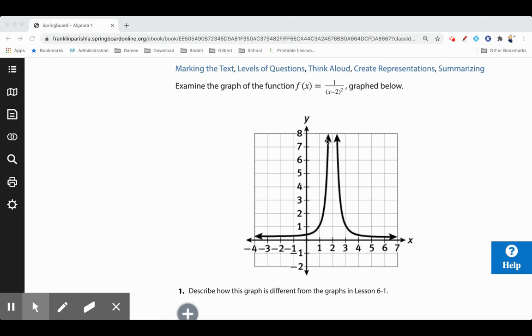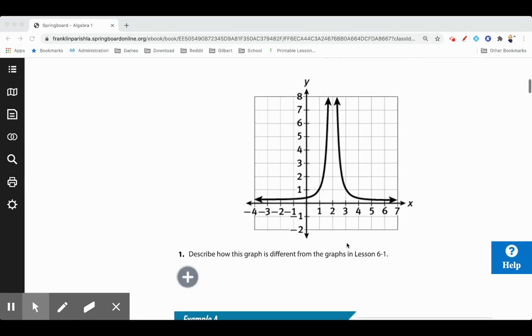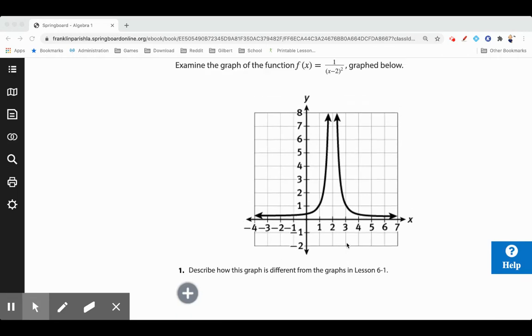The positive y direction continues, and the negative and positive x directions both continue. They don't have endpoints like the graphs in the previous lessons. These actually just continue on basically forever into infinity or negative infinity. So that would be how I would describe these as different from the previous ones. They don't have endpoints. They continue on.